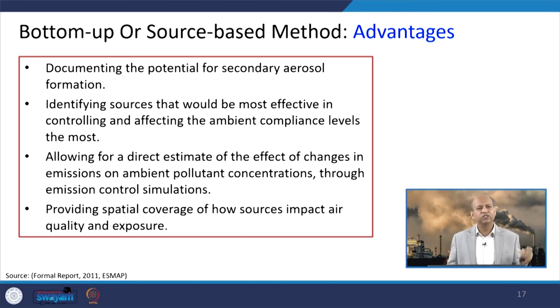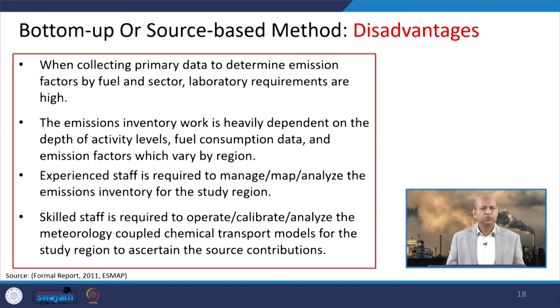We can identify those particular sources, and we can directly estimate the effects of changes in emissions on ambient air quality concentration, plus spatial variation, temporal variation, and exposure, in this particular activity of the bottom-up approach.